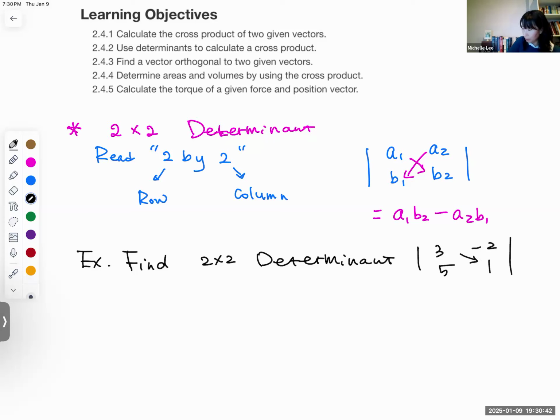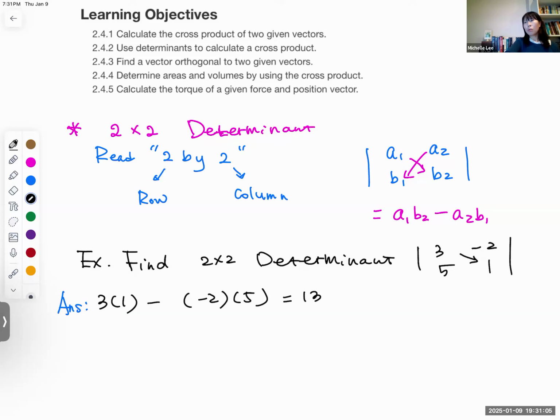So we multiply this way, right? So 3 times 1 minus negative 2 times 5. Then what do you get? We get 13. Good job.